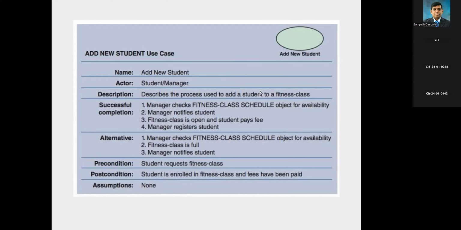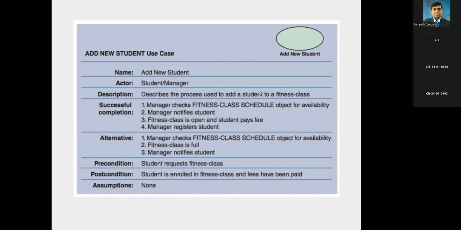When you want to describe the use case, you can have a name for the use case. In this one, the name will be add new students. Then the actor, who is performing or involved in this use case. They are called actors, and it could be either a student or a manager, right?